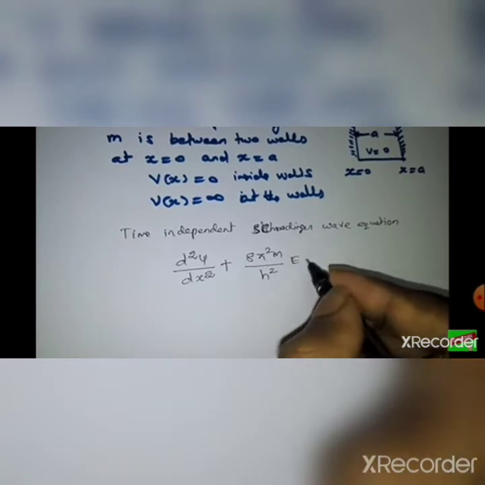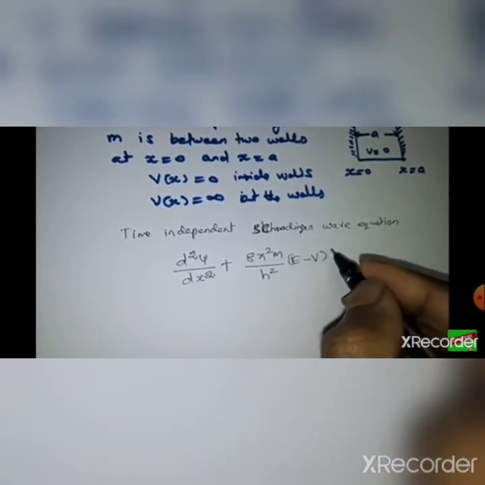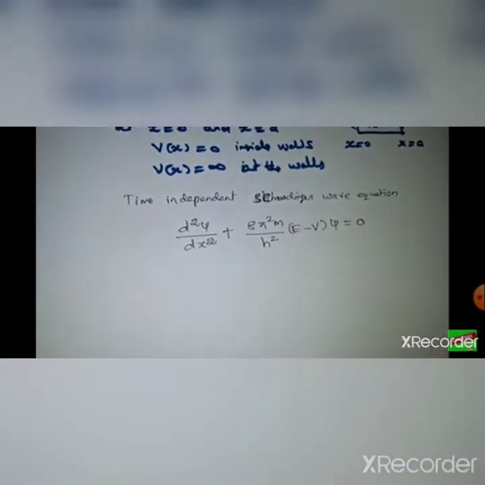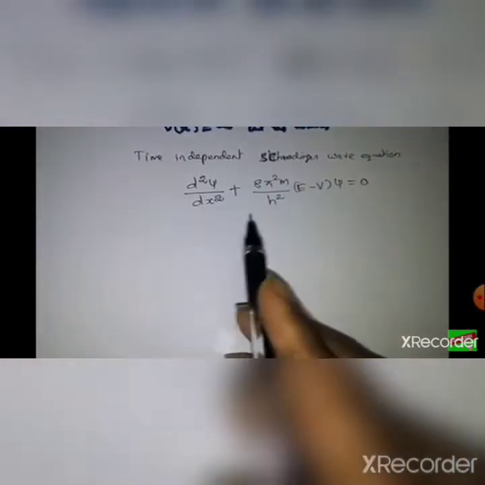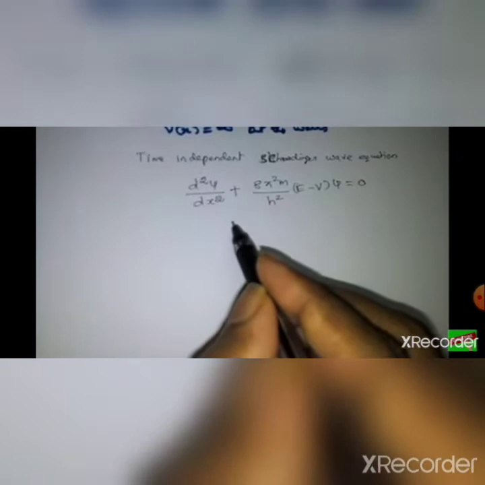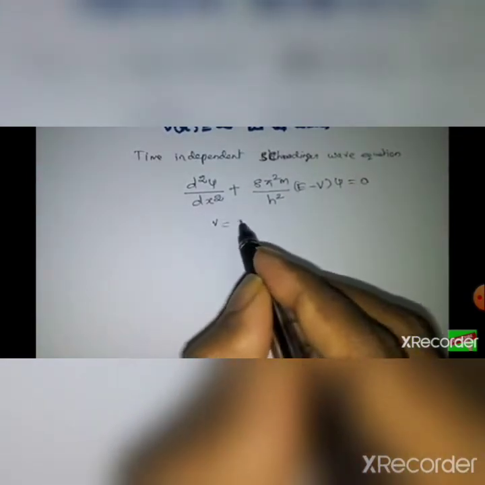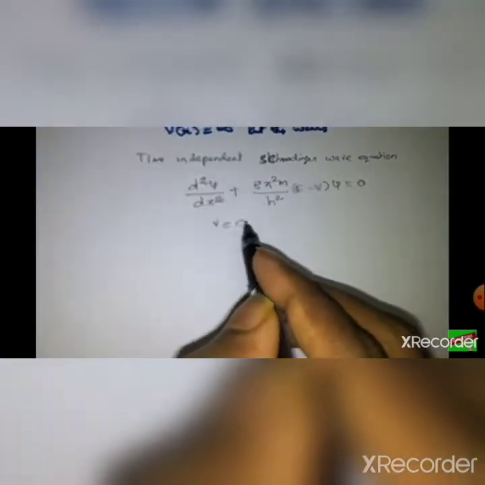Since this concept is about one dimension, we take it as d/dx; if we consider three dimensions, then del square. Now the one-dimensional wave equation is d square psi by dx square plus 8 pi square m by h square into (E minus V) into psi, equal to 0. Psi is the wave function, x is the one-dimensional coordinate, and m is the mass of the particle.